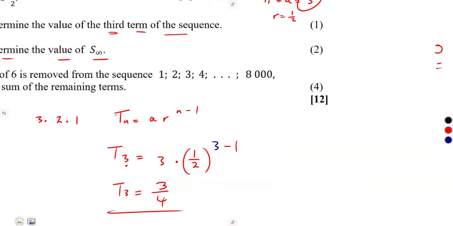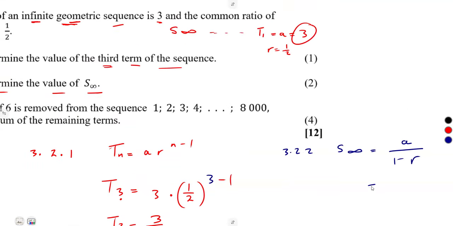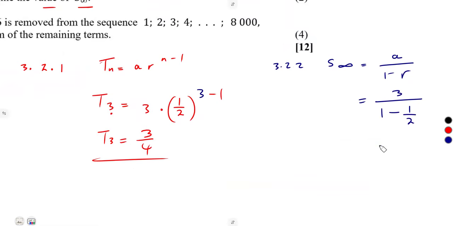All right, so our sum to infinity is given by a over 1 minus r there. So remember our a is given as the first term, which is 3, over 1 minus our r, which is given as 1 over 2. So that was the condition.